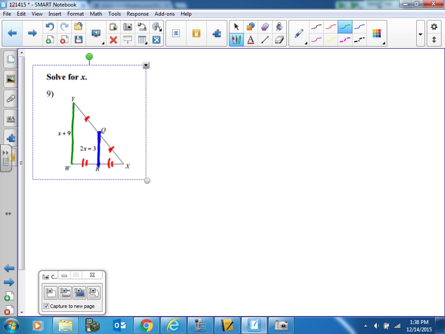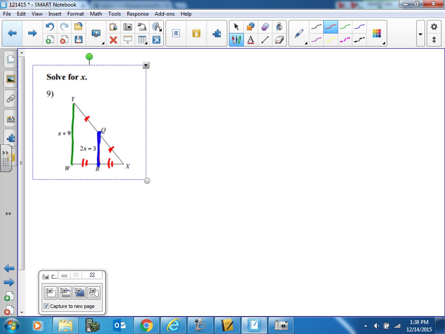All right? So we need to set up an equation that would allow us to solve for x. Well, two of these blues are going to add up to one green. And the blue segment, which is RQ, is represented by the expression 2x minus 3.